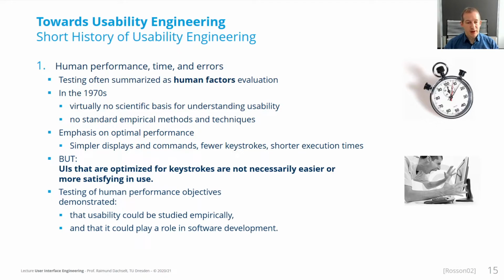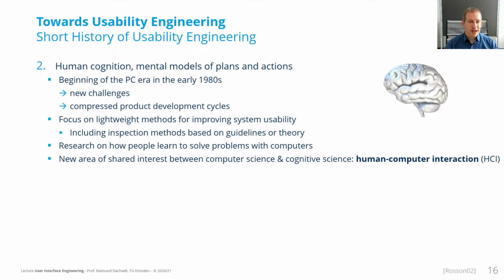But usability could be studied empirically, so they started developing methods to measure, for example, task performance or errors, and it could play a role in software development. This is what the 1970s brought to the community. Later on, when the first PCs arrived, suddenly more people had access to a computer.